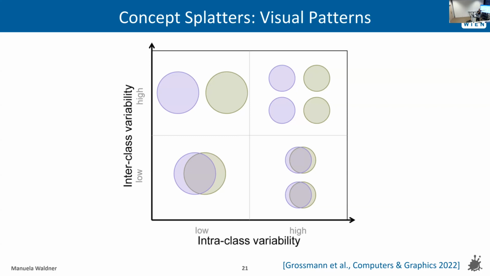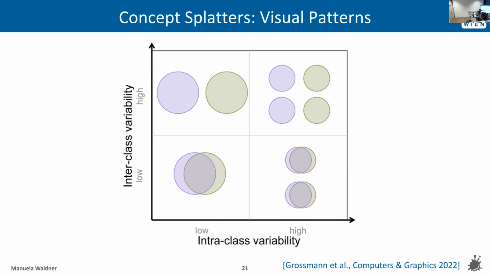This is a pattern we can observe if we have low interclass variability. That means our machine sees two classes, which we think are two different classes, but the features in the feature space that the machine has learned are very similar. So we do have an overlap, and in this case, we would expect that the classification method would have a very hard time.